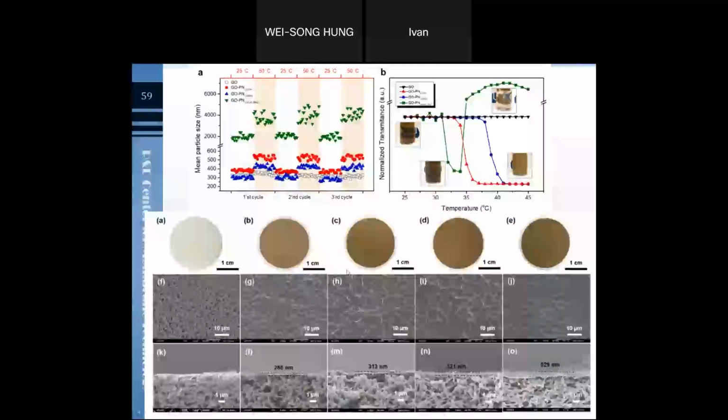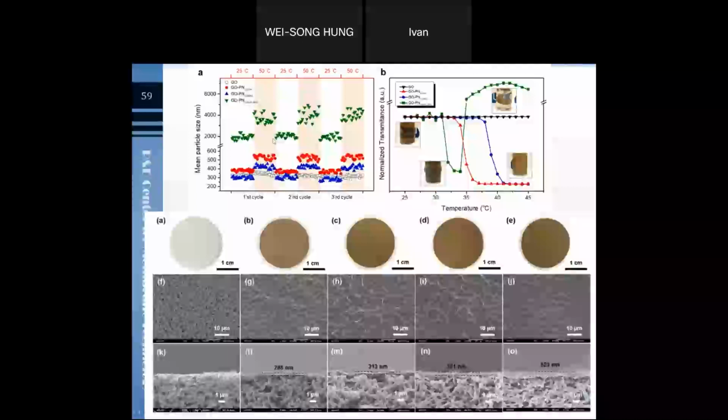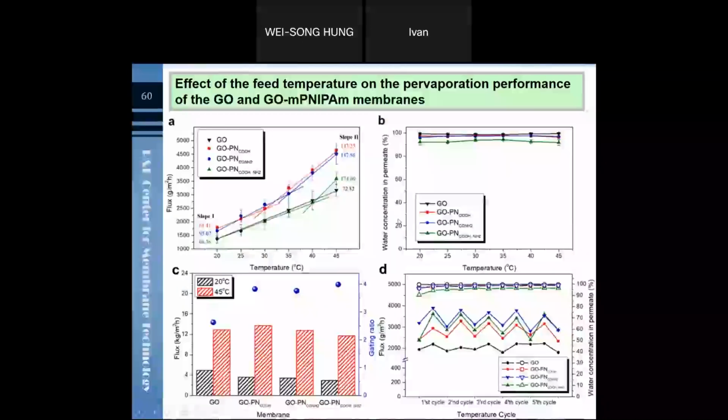Here we also show the response property at low and high temperature. At low temperature, the nanoparticles are small, and at high temperature the chains aggregate, so the particle size increases. We also show a good response there.